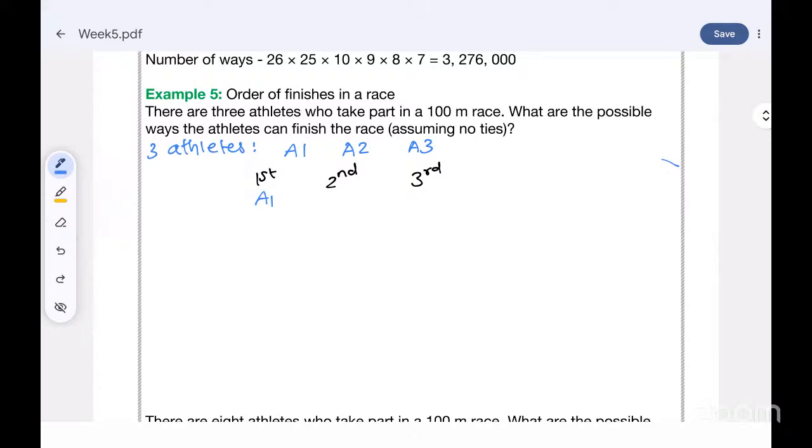So either they can be in the same order, or this is another order. What are the other possibilities? 9? Are you sure? It should be 6, ma'am. Okay.